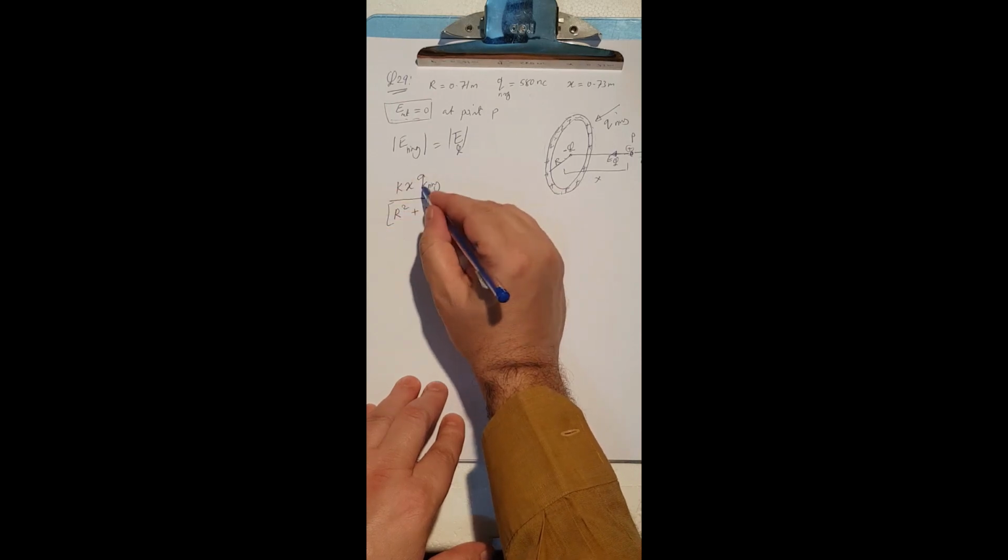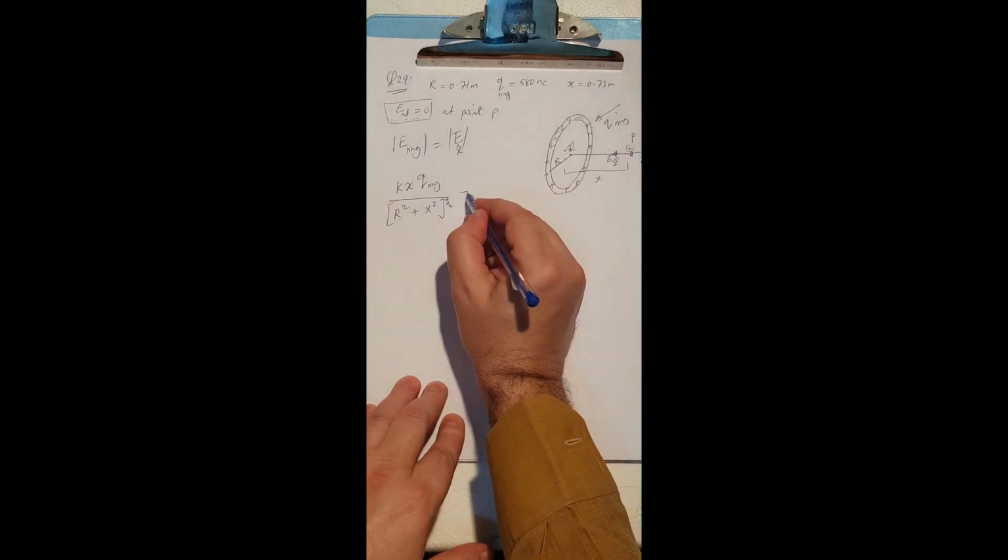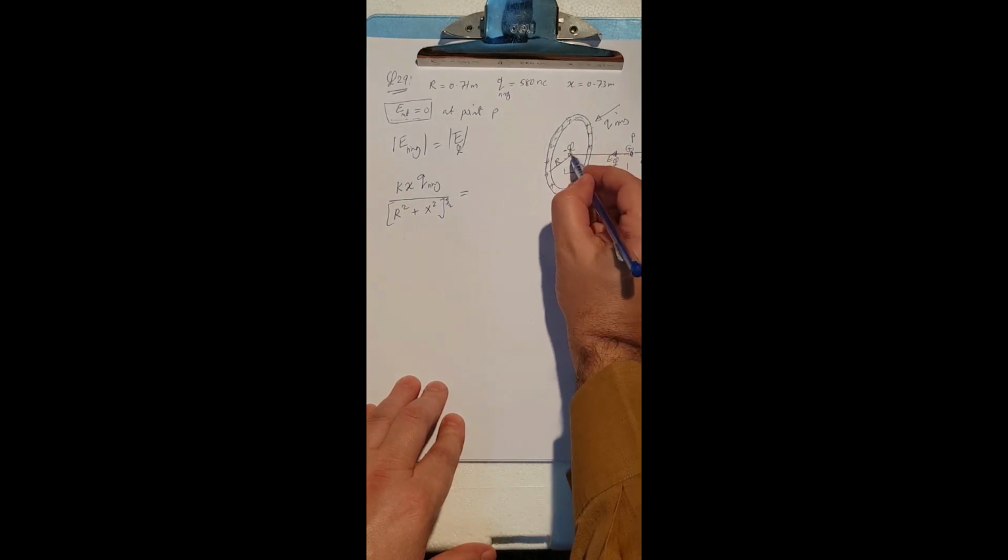And this is the electric field of a ring at a point on the axis. This must equal the electric field of this point charge.